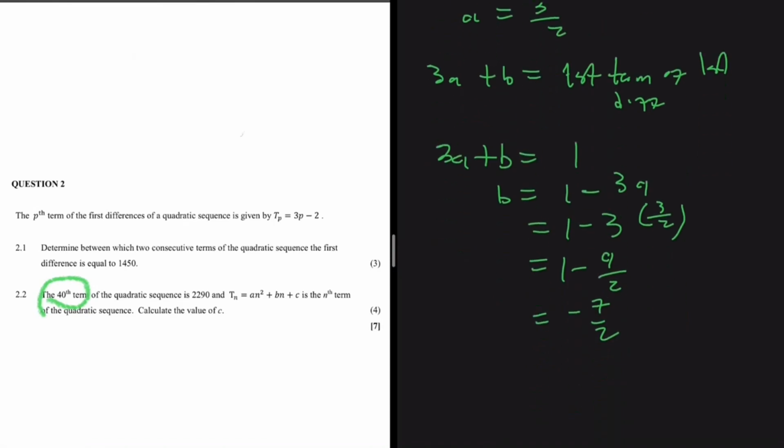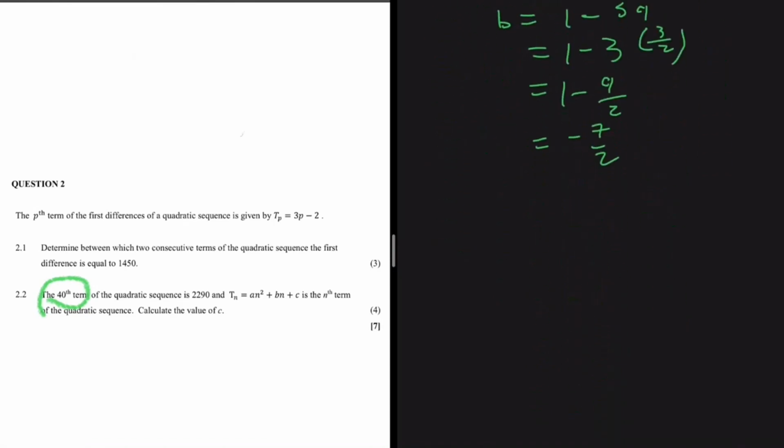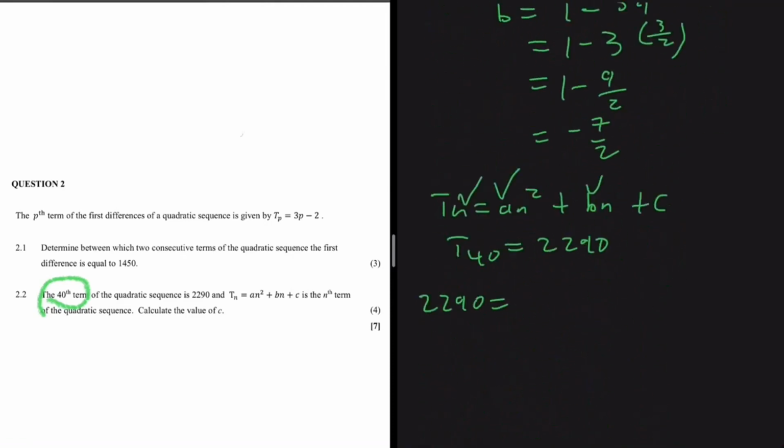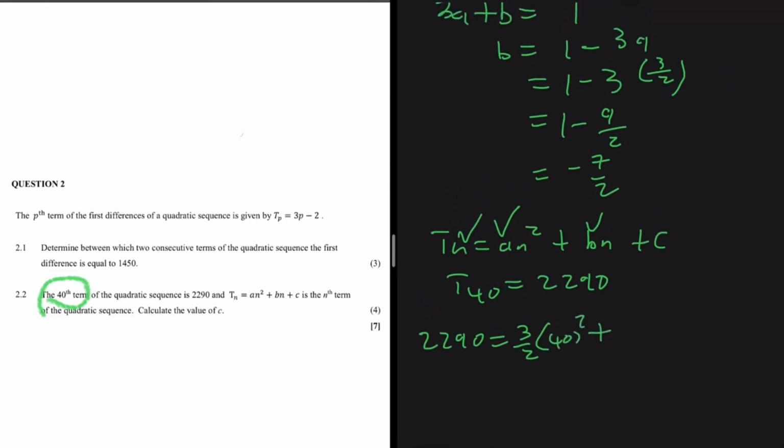We can substitute in our equation and find c. Because we know that Tn is equal to an squared plus bn plus c. And then we are told that T40 is equal to 2290, right? We have a, we have b, we have n, so we can find c. So we're going to have 2290 is equal to a, which is 3 divided by 2, and then n is 40, we square, plus b, right, which is minus 7 divided by 2, multiplied by 40, plus c.